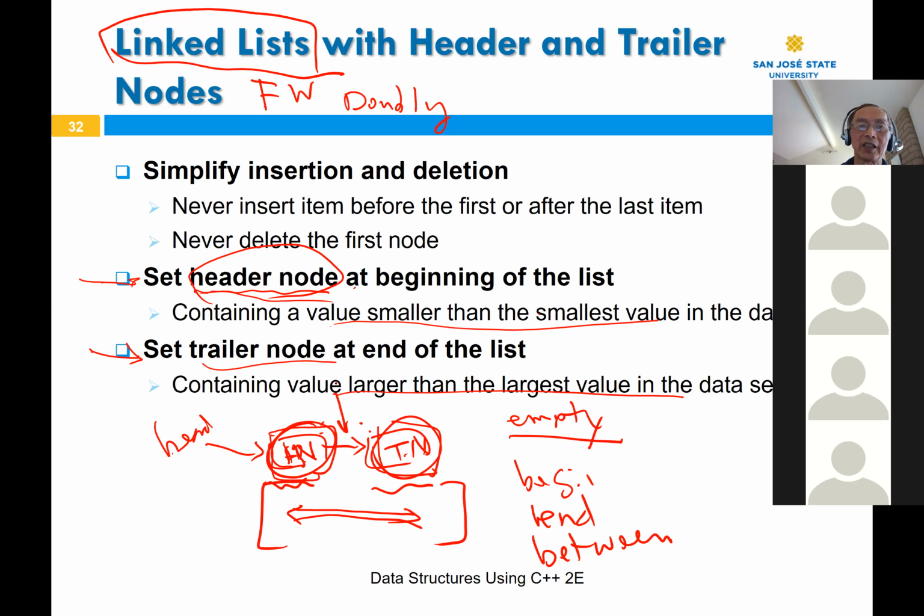So the linked list will never be empty. Then when you do your insertion and deletion, you don't have to worry about whether it is empty or not, or whether this is the first node or not. All you have to worry about is whether this is somewhere in the middle.